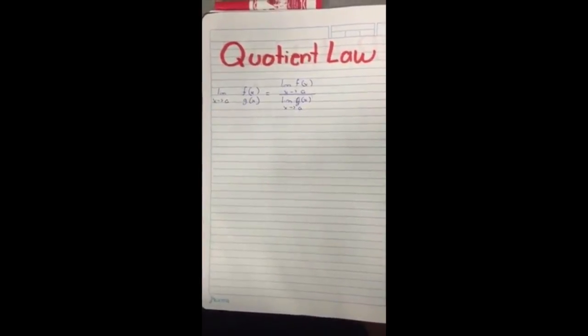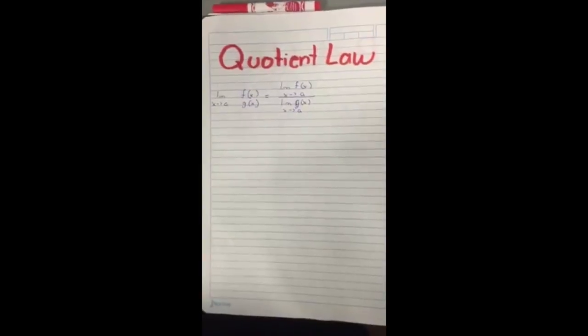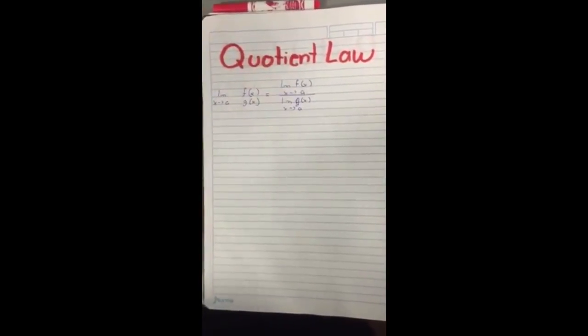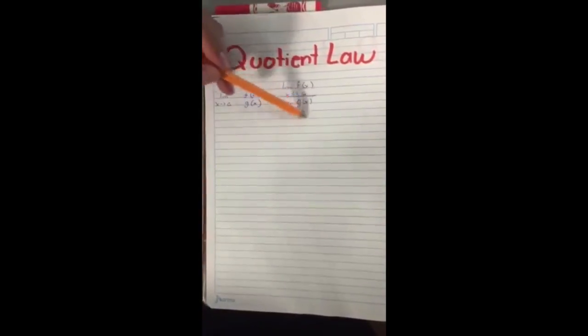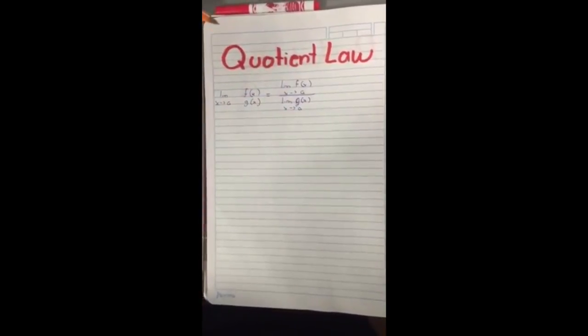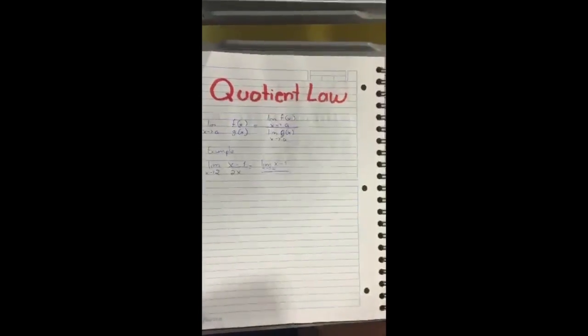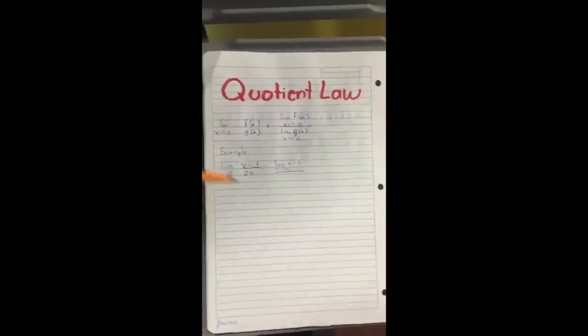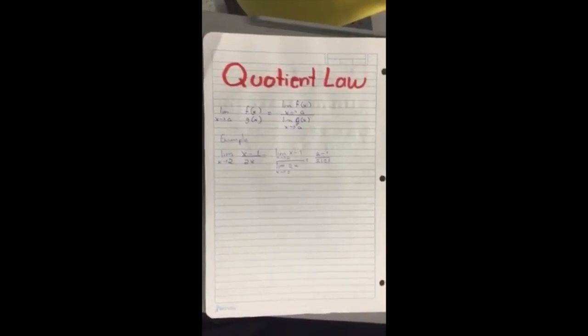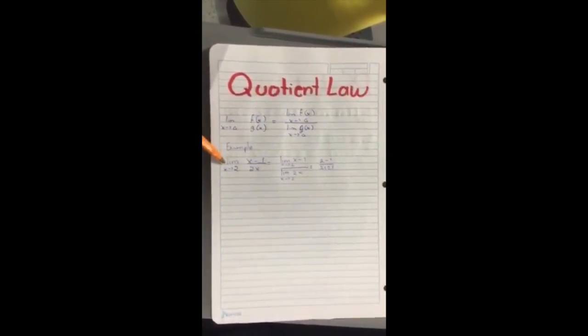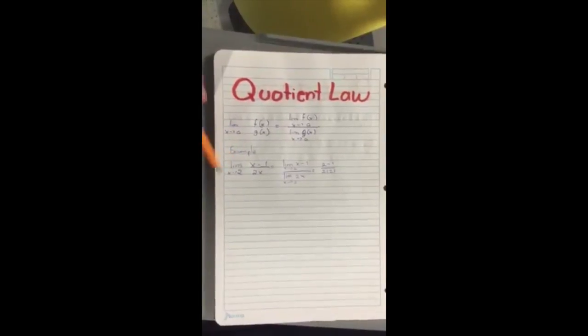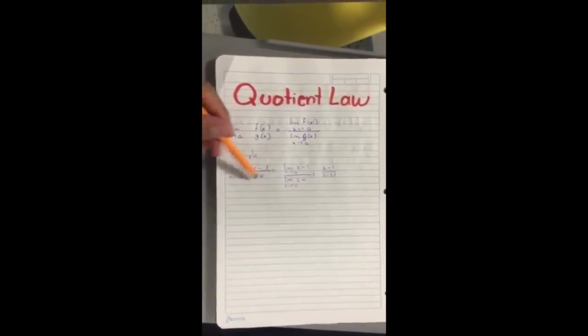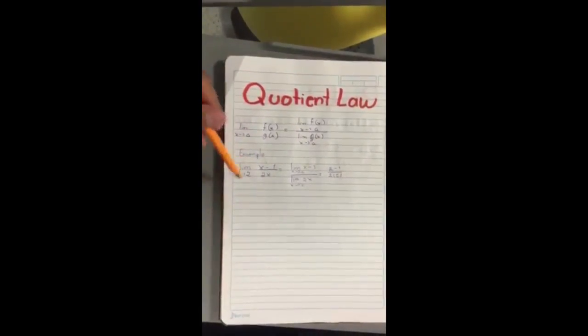Quotient law. The limit of a quotient is the quotient of the limits, provided that the limit of the denominator is not 0. In this example, we have the limit of x minus 1 over 2x when x is approaching 2.